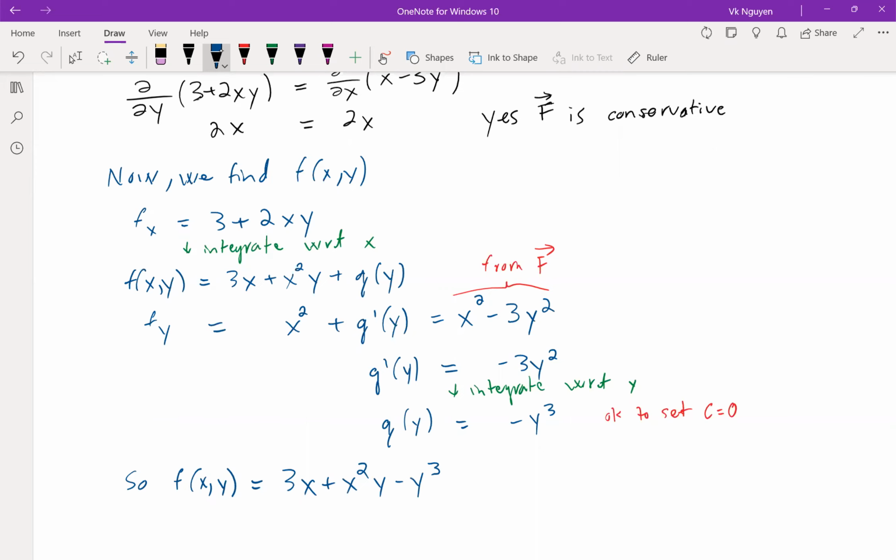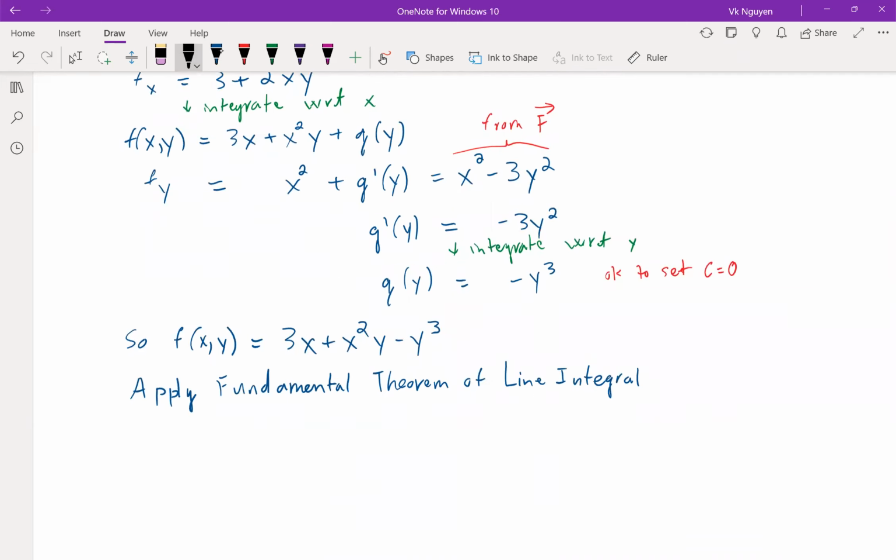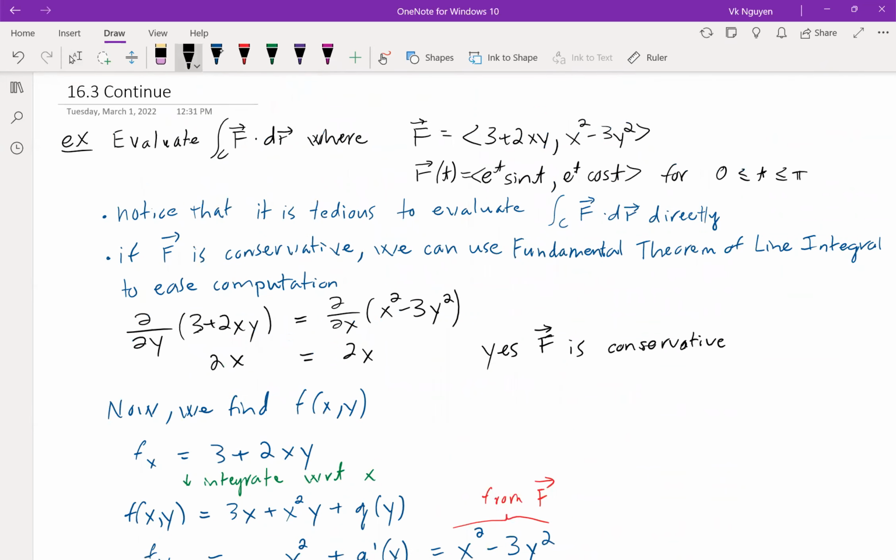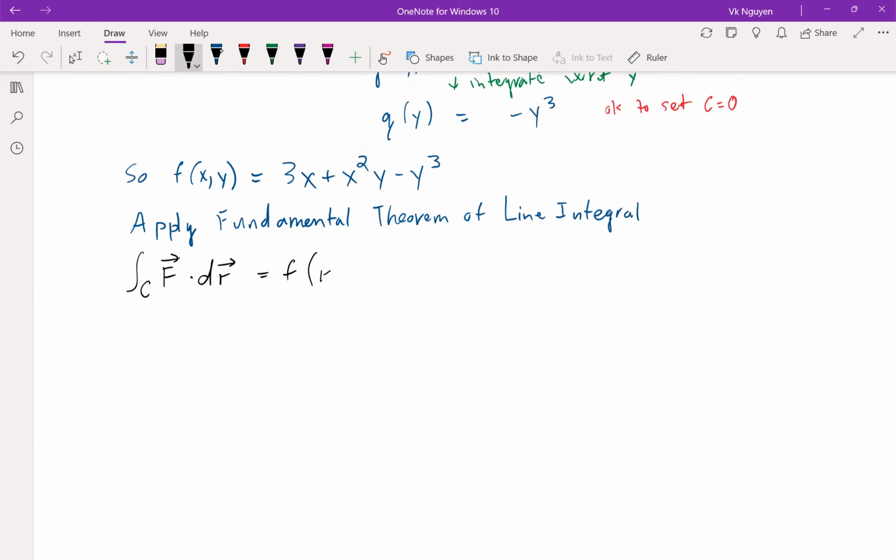Okay. Next, we're going to use the fundamental theorem of line integrals. If you apply that, the integral of F dot dr is the same as, well, f of, you have 2 points here, right? Oh, how nice.